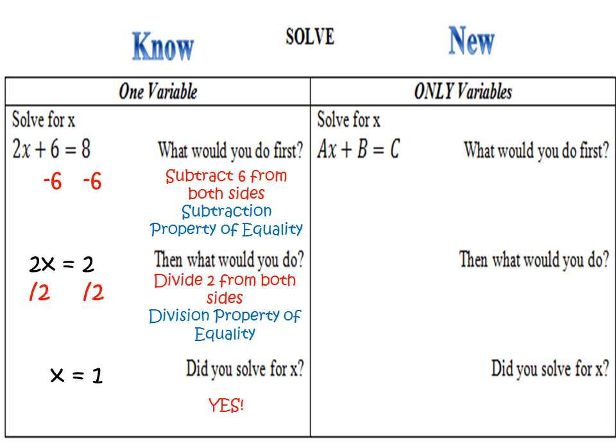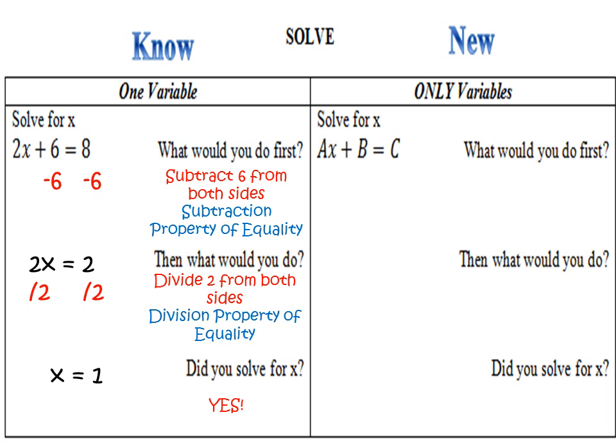This is an equation with only variables, which is called a literal equation. Notice that a represents the 2 here, b represents 6, and c represents 8. Well, using what we know, we can apply it to what is new.